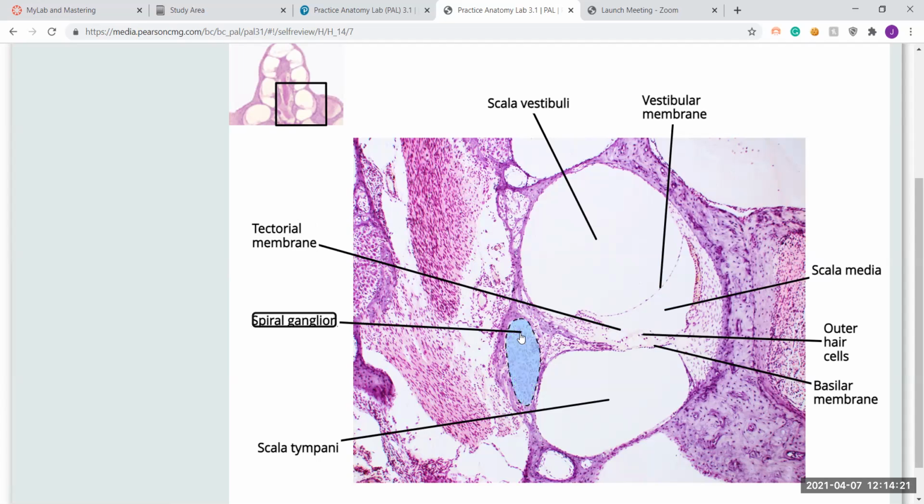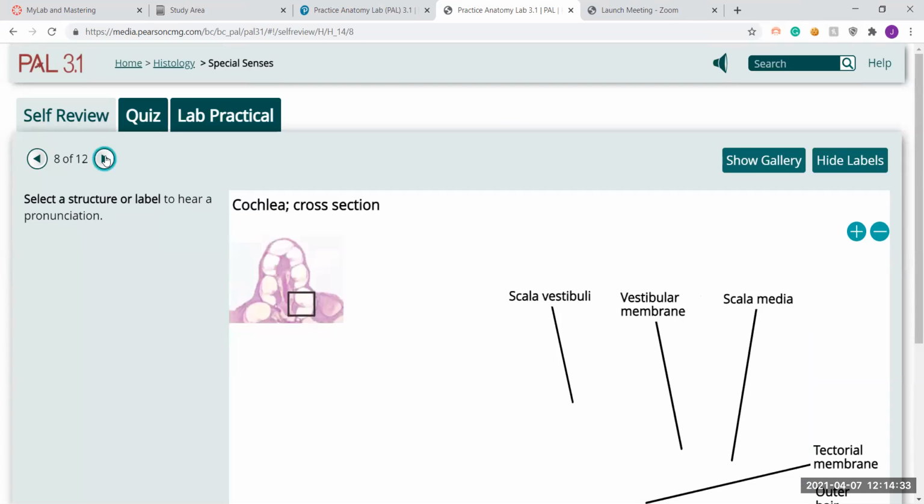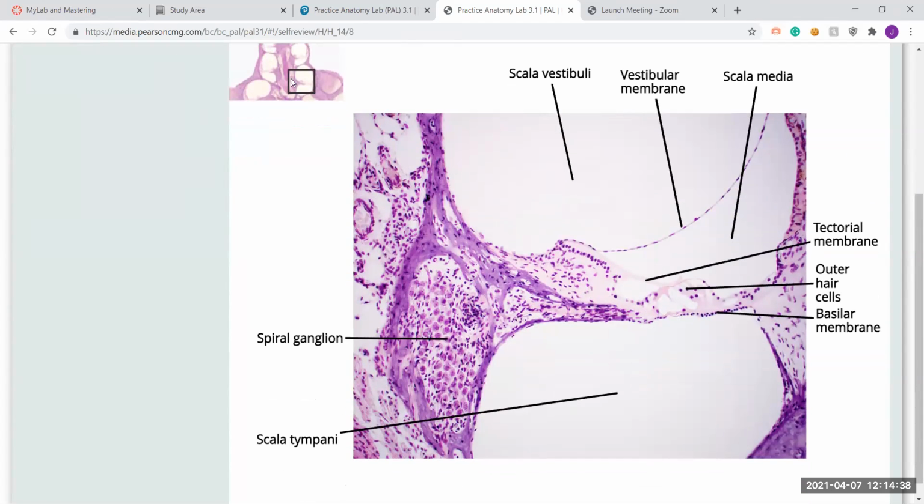This is the ganglion of the vestibular nerve, and then scala tympani. We did it earlier, highly magnified again: scala vestibuli, then the vestibular membrane, basilar membrane, and then tectorial membrane, outer hair cells, and this cavity is scala media.